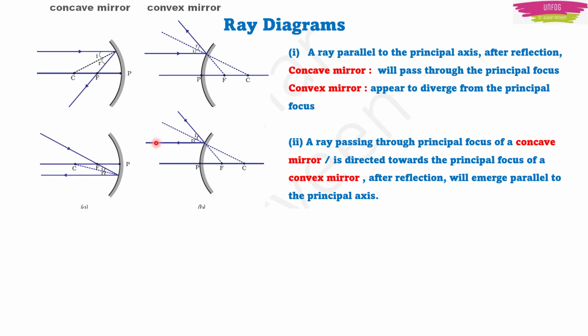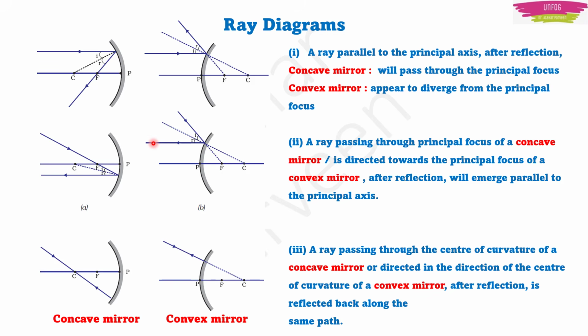So it is parallel. And the third rule is that if a light ray is passing through center of curvature for a concave mirror or directed in the direction of center of curvature for a convex mirror, because it is really not happening here, right? We will have to draw the imaginary line. Then after reflection, in both the cases, the light gets reflected back along the same path, in which it has come.